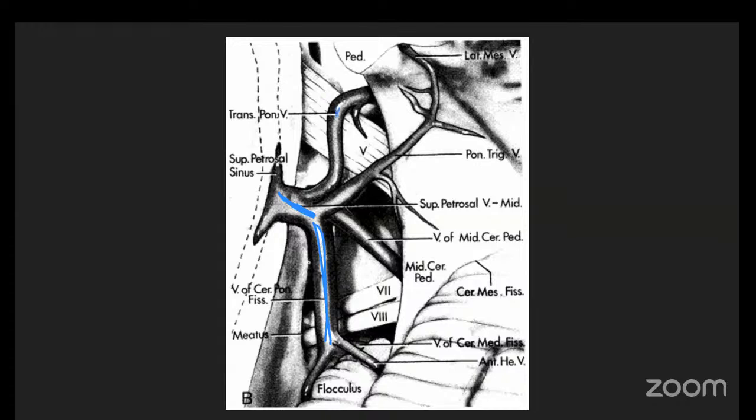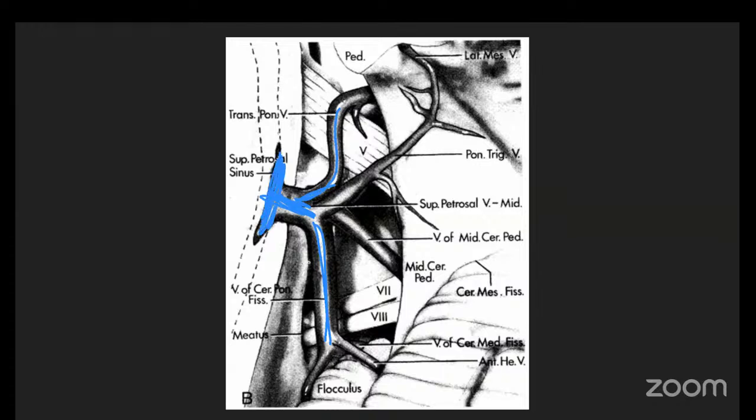We have the transverse pontine vein. I can't see the cerebellomedullary veins here, but there are smaller tributaries. So these make up the trunk of the Dandy's vein complex, or superior petrosal vein, which then drains into the superior petrosal sinus.